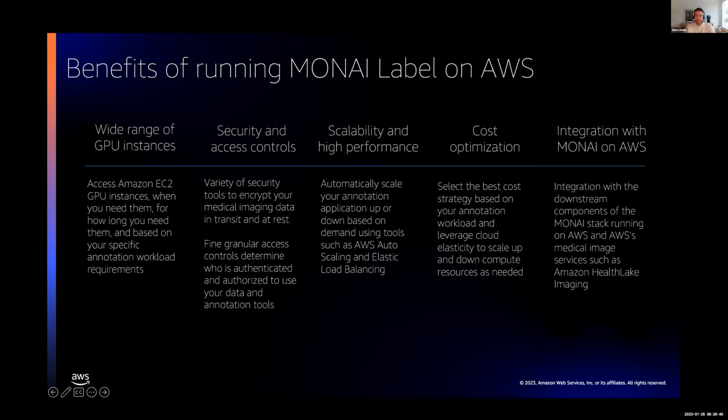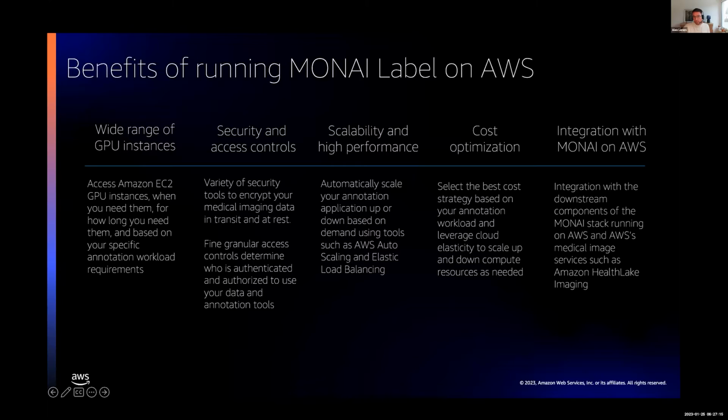The next 2 points, scalability, high performance, plus cost optimizations, are highly related, because the cloud gives you the option to automatically scale your infrastructure up and down based on the underlying traffic, which automatically has an impact on costs, especially when you, for instance, run so-called on-demand instances, when the cost goes down when traffic goes down.